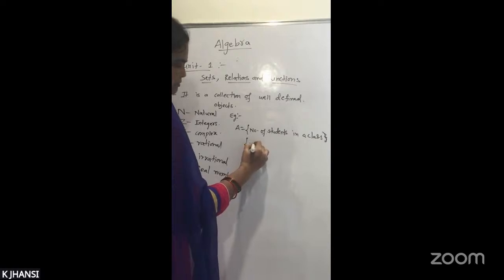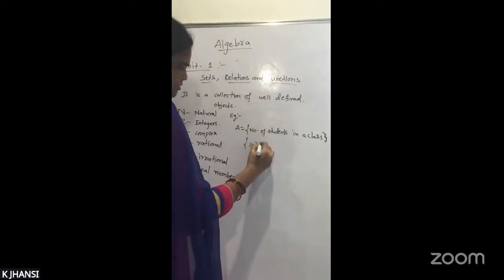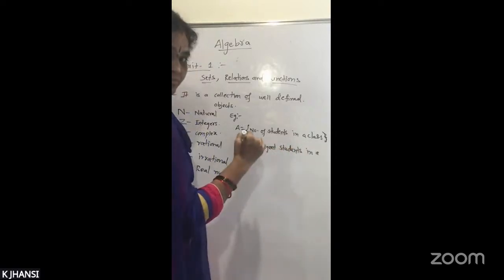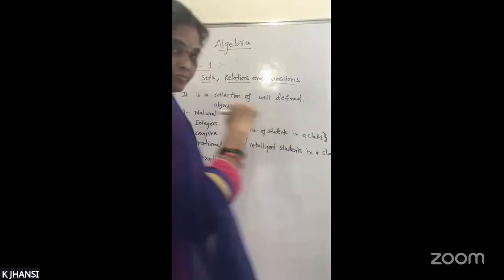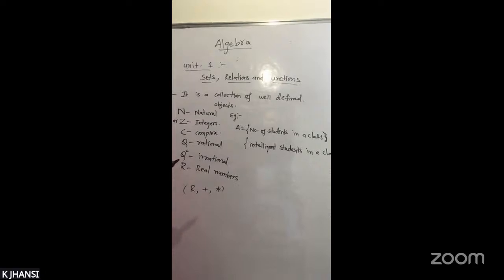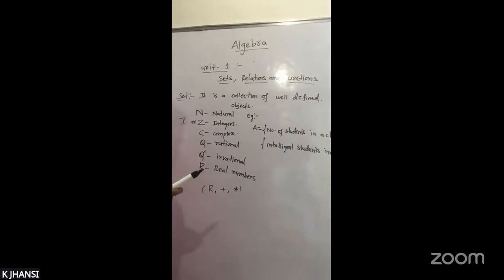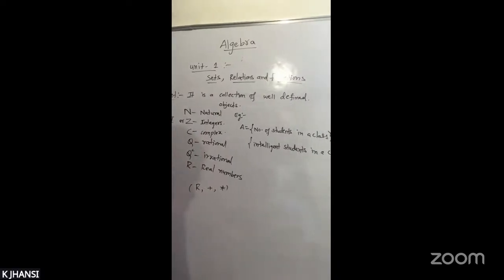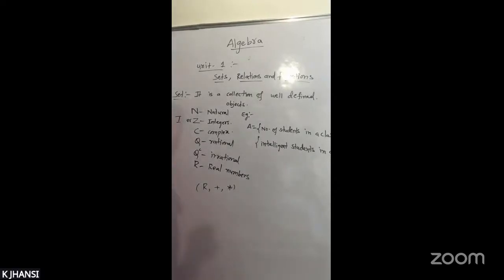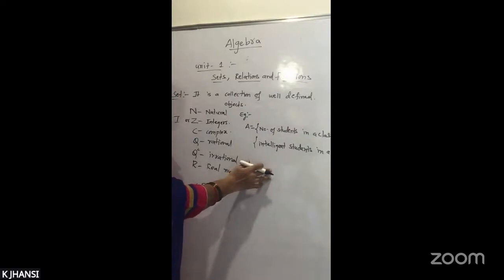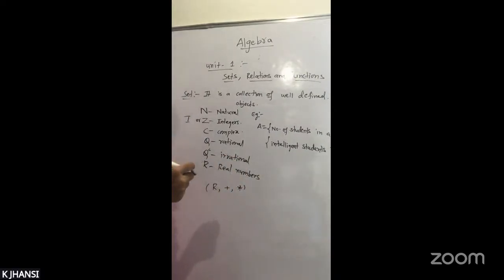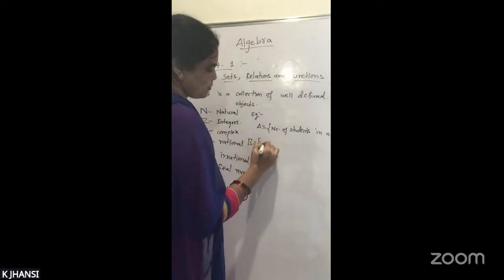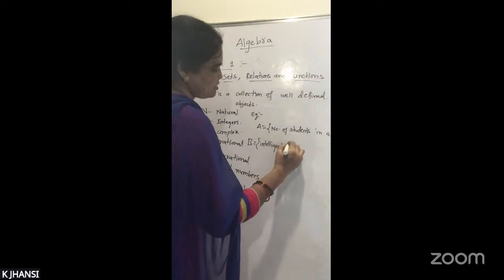intelligent students in a class. I'm writing here B is equal to intelligent students.